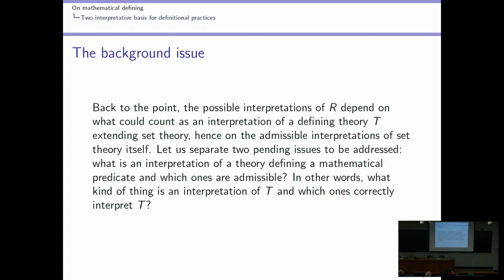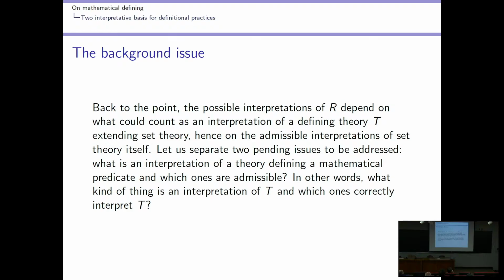And so we have this issue of what are the possible interpretations of a predicate, right? And since a predicate is always defined within a defining theory, the interpretations of the predicate are always a part of the interpretation of the theory.